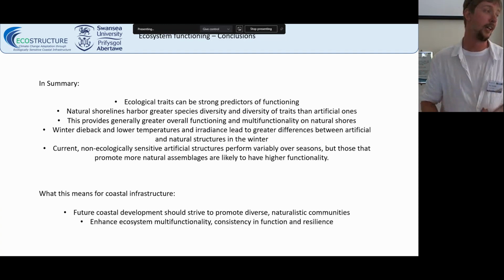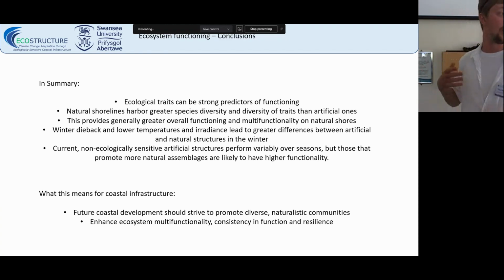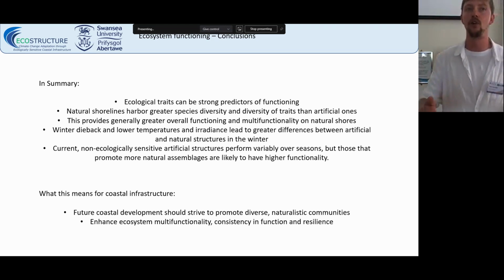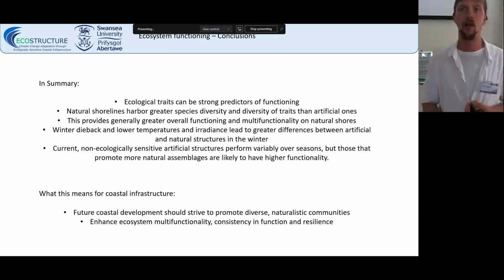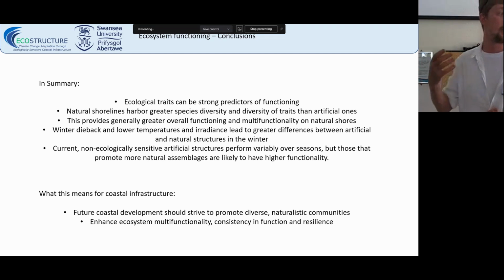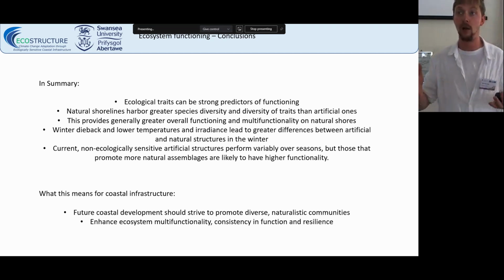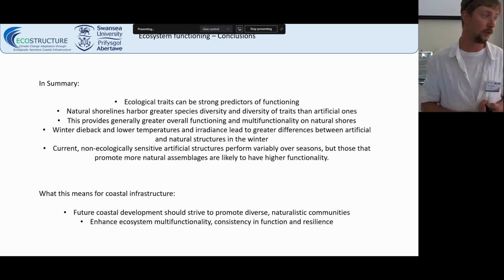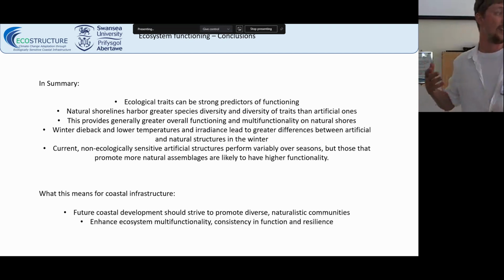Natural shorelines tend to harbour a greater diversity of species and therefore traits than artificial ones, which generally provides a much higher level of functioning, at least when you look at multifunctionality. And this is particularly important over winter, where you get these diebacks, and so you end up with lower temporal stability on artificial structures than on natural structures.